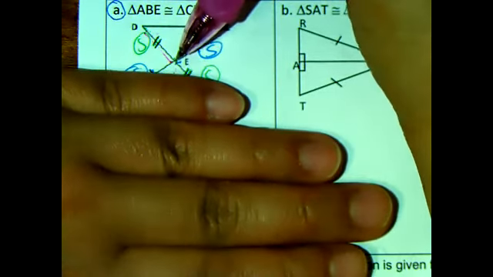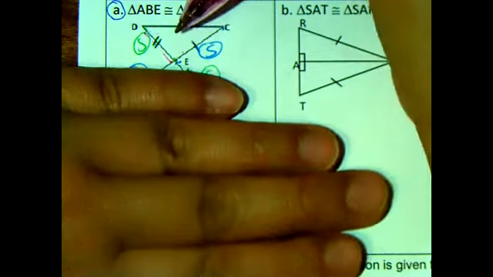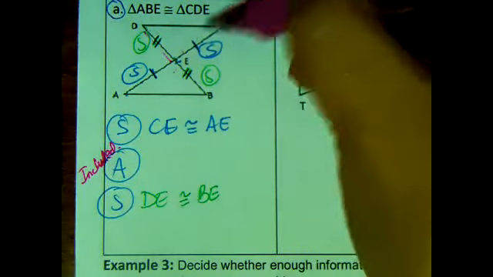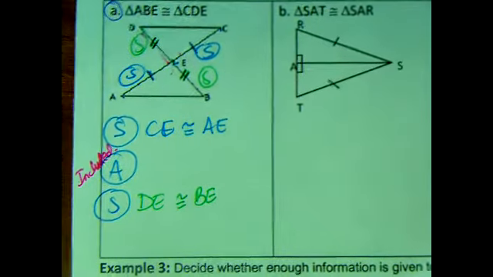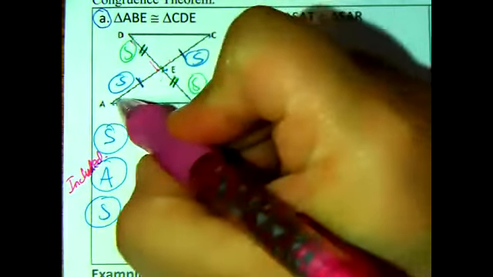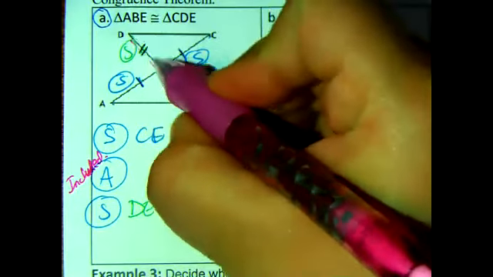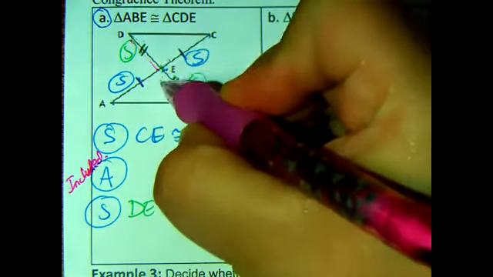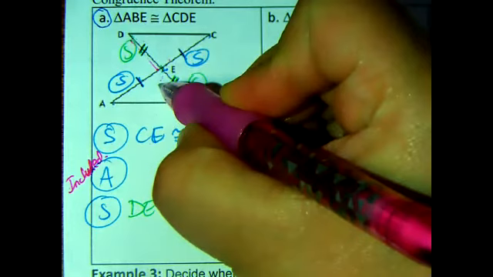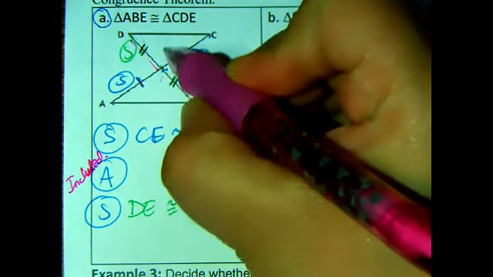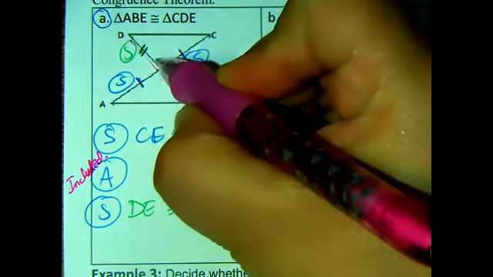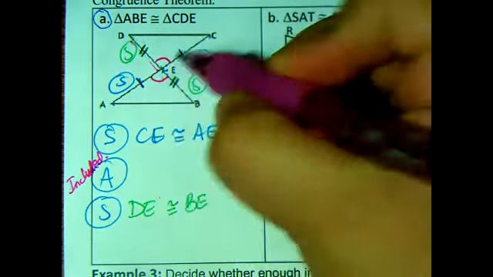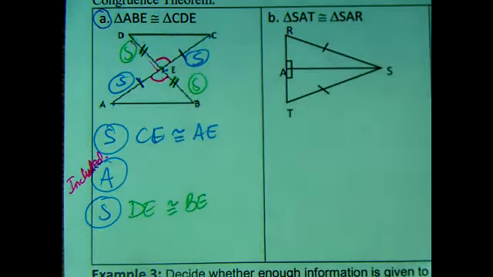So both of these angles are at vertex E. Now, if I take a look at these two angles, I should be able to see that I have a pair of vertical angles directly across from each other, which means these angles are congruent because vertical angles are congruent to each other.